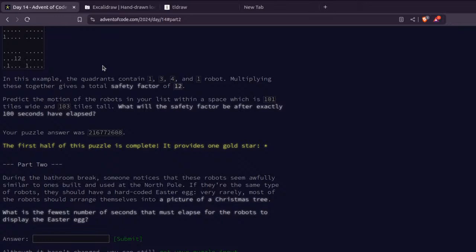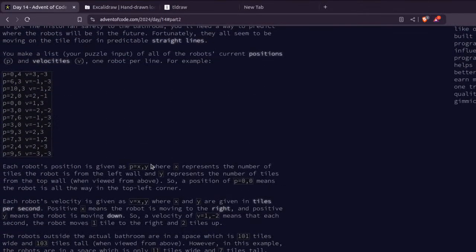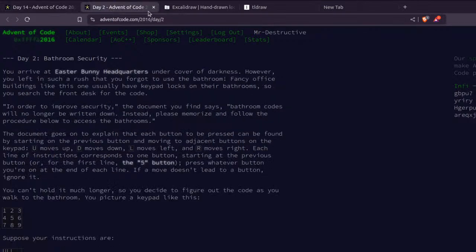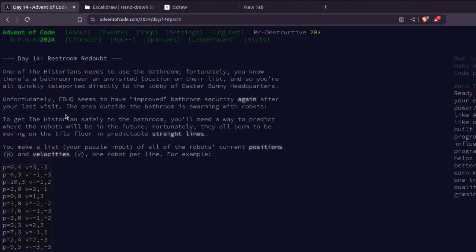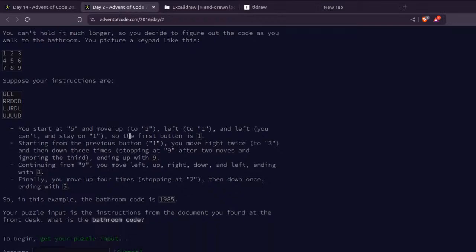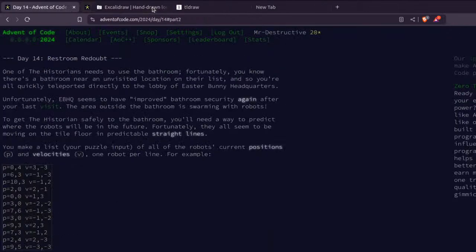Very rarely, most of the robots should arrange themselves into a picture of a Christmas tree. What? Oh, what is this? Never mind.